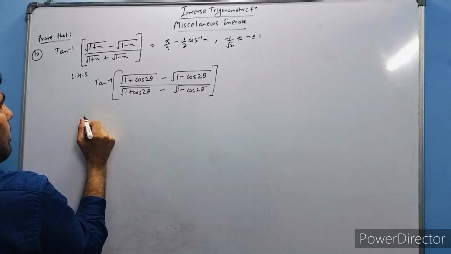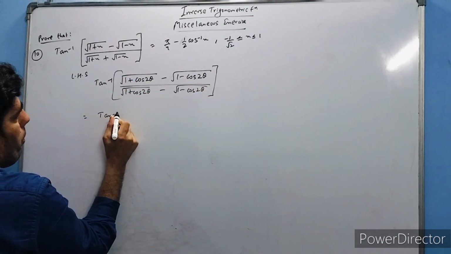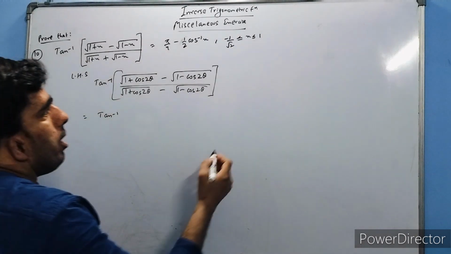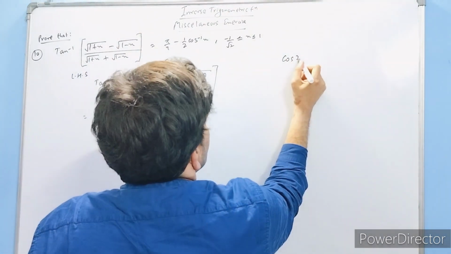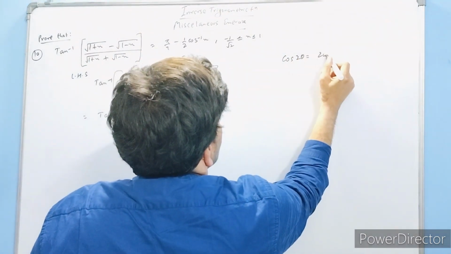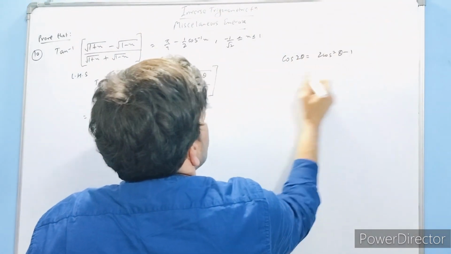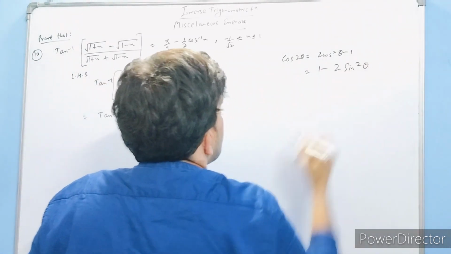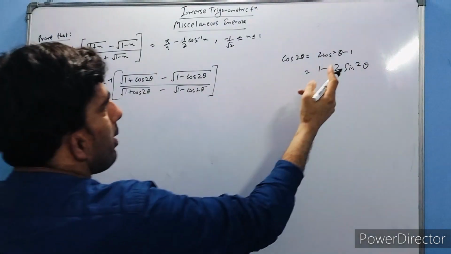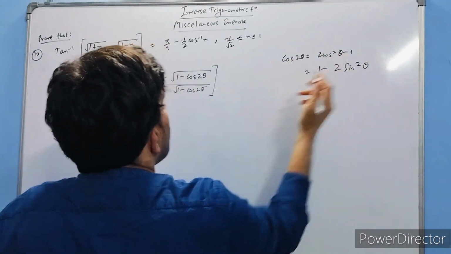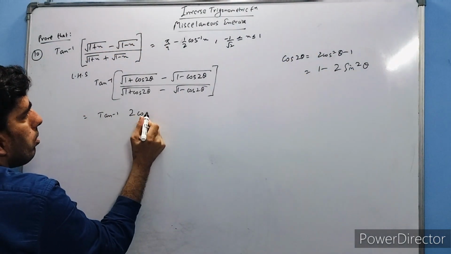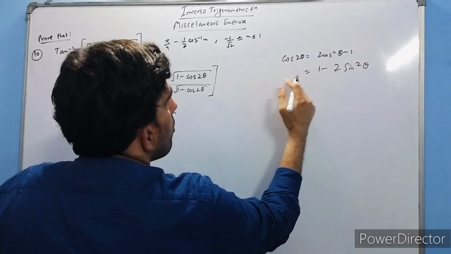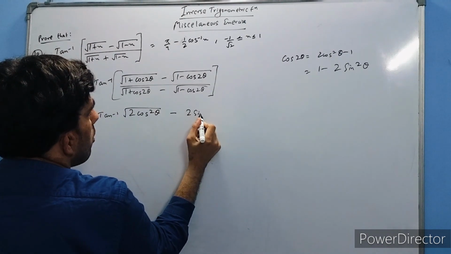So now what will be my next step? That is 1 plus cos 2 theta. We know the formula is, that is 2 cos square theta minus 1, 1 minus 2 sin square theta. So now they have 1 plus cos 2 theta, so it will be 2 cos square theta, and for 1 minus cos 2 theta it will be 2 sin square theta.